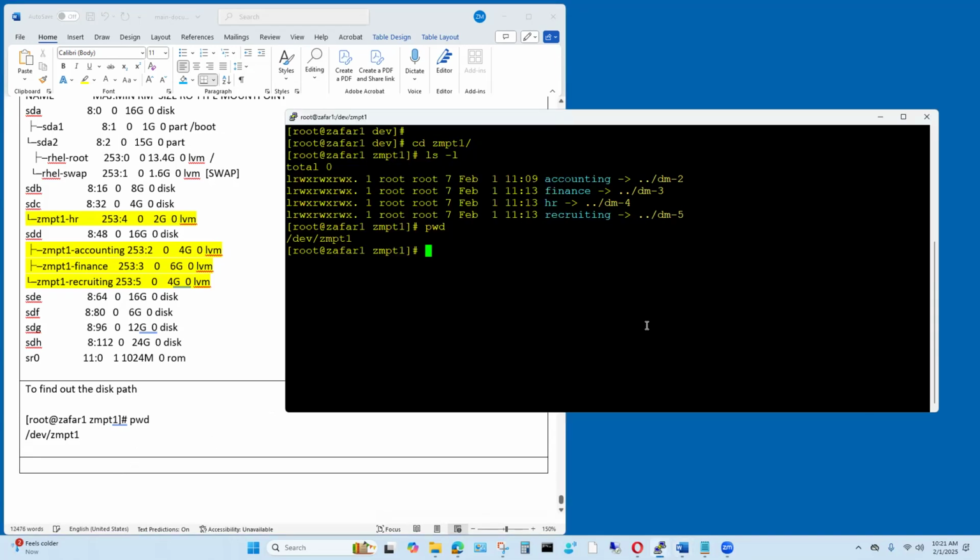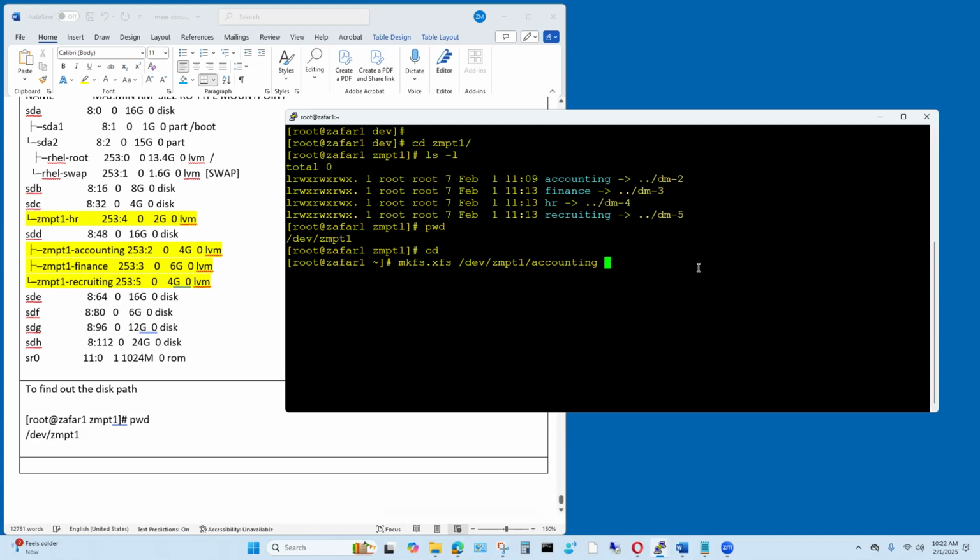Now, the command you're going to do is mkfs.xfs. Which kind of path is this? Absolute path, exactly. Why is it absolute? Because it starts from slash.